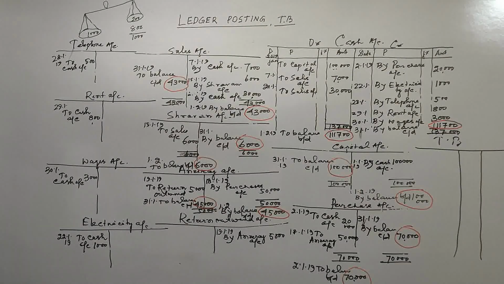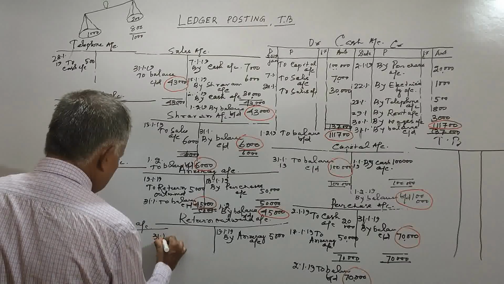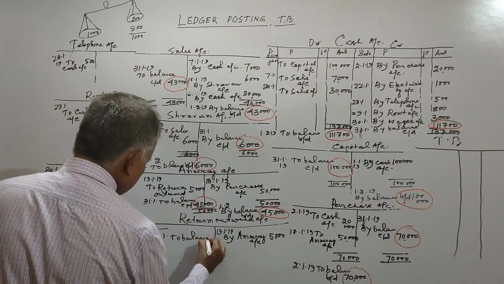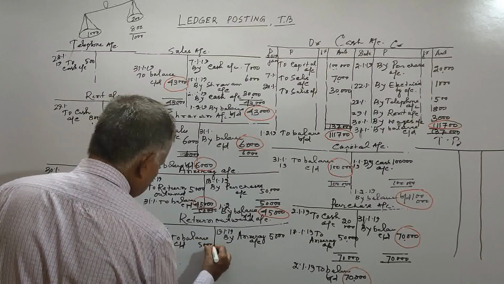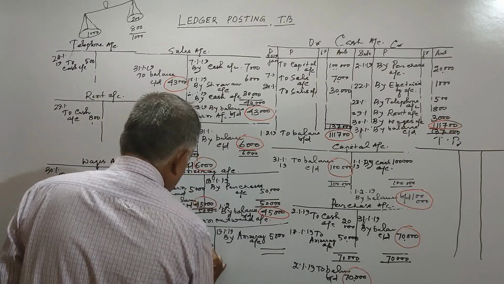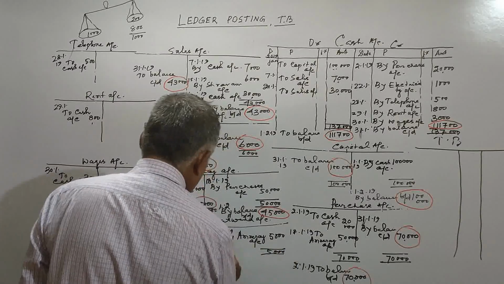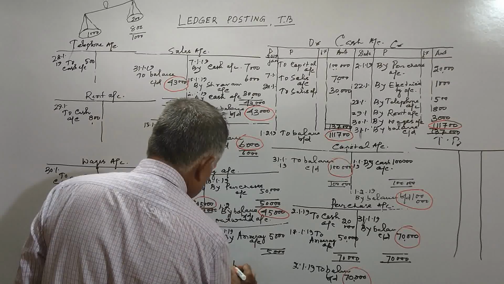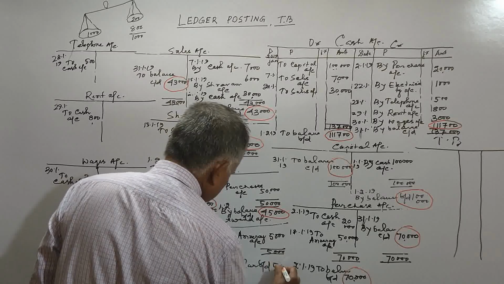Then return outward account, it is only credit, so 31 to balance CD 5,000, 1/2 by balance BD 5,000.